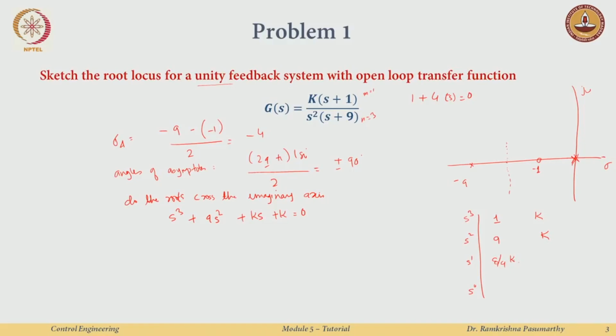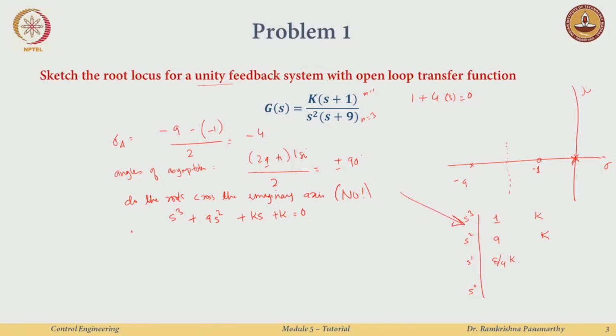For what values of k does this go to 0? K equal to 0, this goes to 0, but if I substitute k equal to 0 over here, I see that there is no other point apart from the origin where the root locus actually meets the j omega axis. So, do the roots cross the imaginary axis? The answer is no, and it is obvious from this table here.